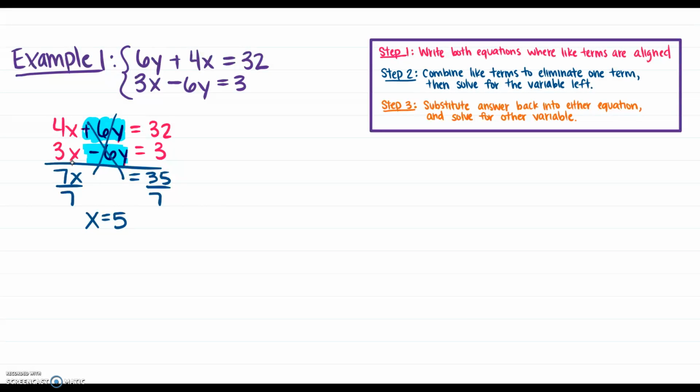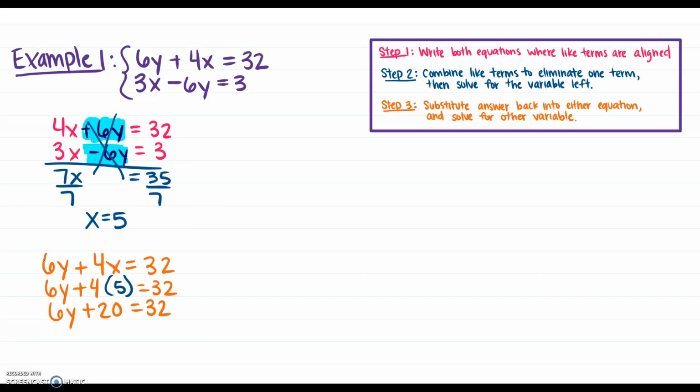Step 3 is to substitute my answer back into either equation, so it doesn't matter which one I use. Just choosing the first one, we have 6y plus 4x equals 32. So instead of x, I'm going to put in 5. So I'll have 6y plus 4 times 5 equals 32. 4 times 5 is 20.